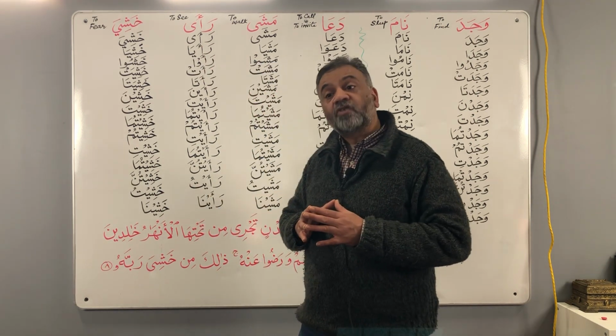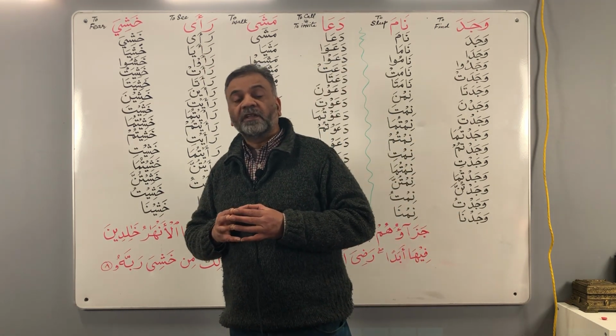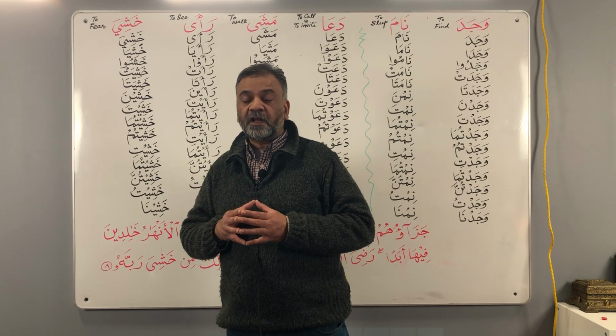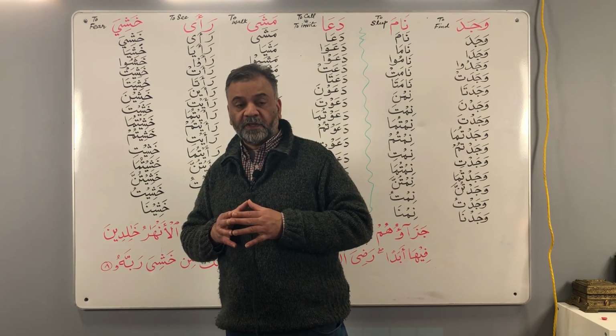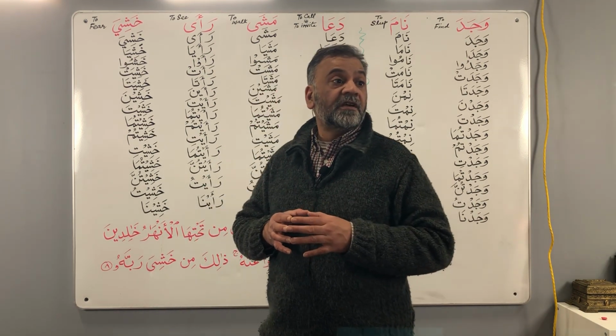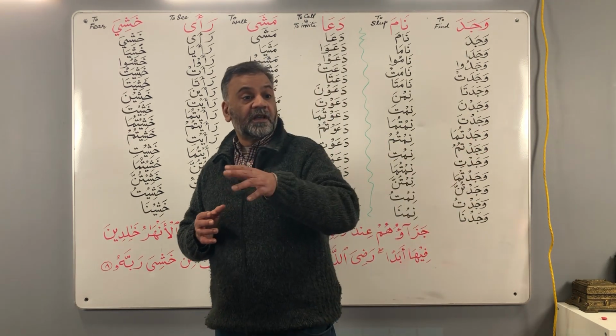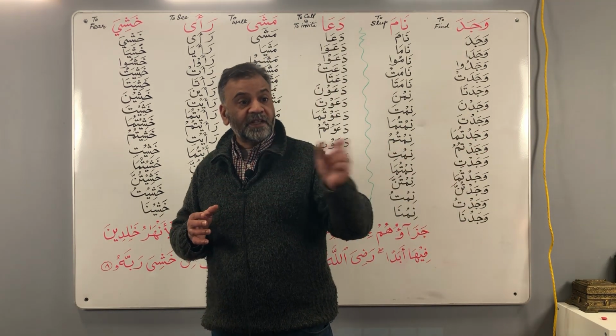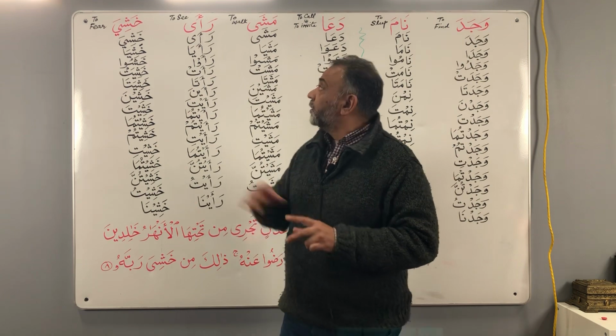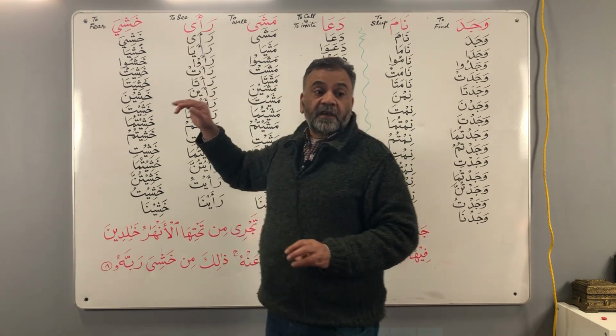Ra'a means he saw or to see. Now ra'a comes in the Quran. Ara'aita alladhi yukadhdhibu bid-din, ara'aita alladhina yadkhuluna fi dinillahi afwaja, right? Again this is a ya.